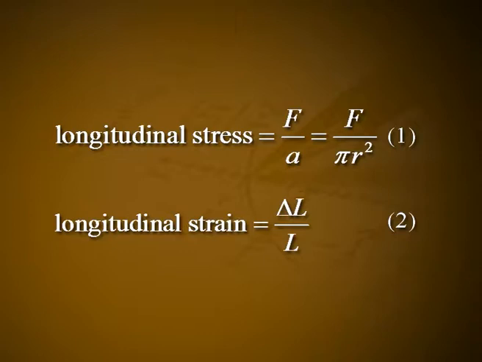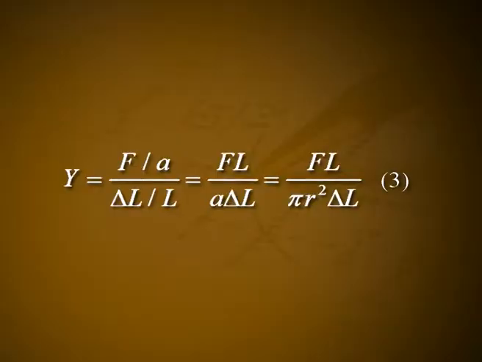Longitudinal strain is equal to delta L divided by L. Let it be equation number 2. And the Young's modulus Y for the material of the wire is Y is equal to F divided by A by delta L divided by L, which is equal to F into L divided by A into delta L, which is equal to F into L divided by pi r square into delta L. Let it be equation number 3.